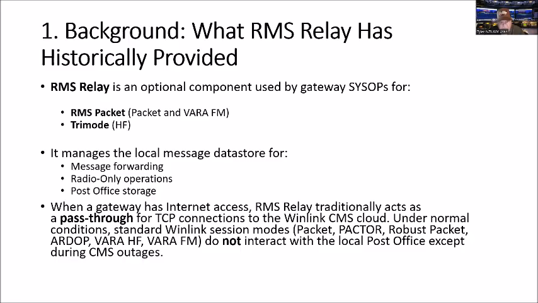When the gateway has internet access, RMS relay traditionally acts as a pass-through for TCP connections to the Winlink CMS cloud. Under normal conditions, the standard Winlink session modes, packet, Pactor, robust packet, VARA HF, VARA FM, do not interact with the local post office except during CMS outages.